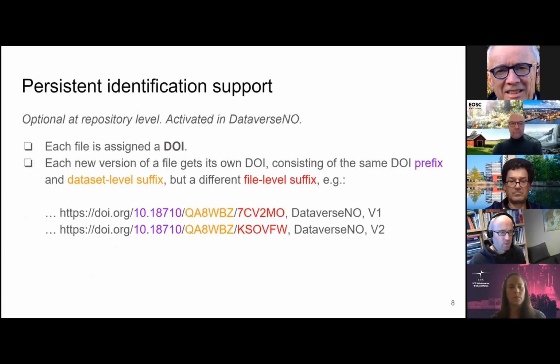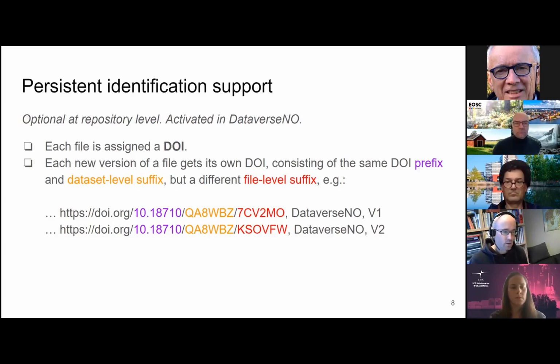Maybe the most relevant feature for F3 is persistent identification. This is optional on file level at repository level, but we have activated this feature in Dataverse-NO, which means that each file is assigned its own DOI, and each new version of a file gets its own DOI, which consists of the same DOI prefix and the same dataset level suffix, but a different file level suffix.